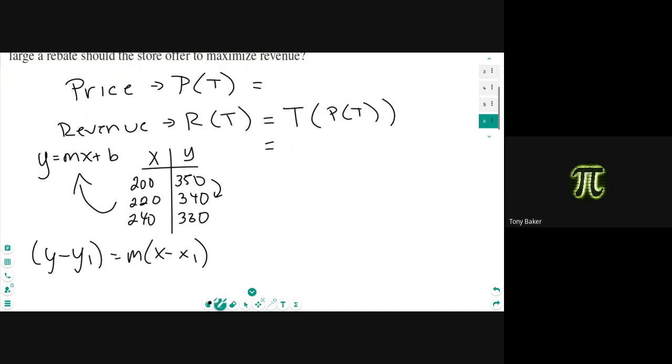Oh, don't do that yet; we're going to do that here. How much is it going down by? How much is it going up by? So my slope is almost. No, you were closer the first time. Negative 10 over 20. It's a negative slope. So I have y minus 350 equals negative 1/2 times x minus 100.